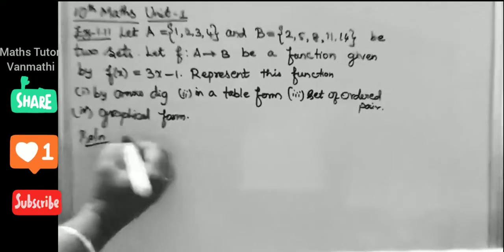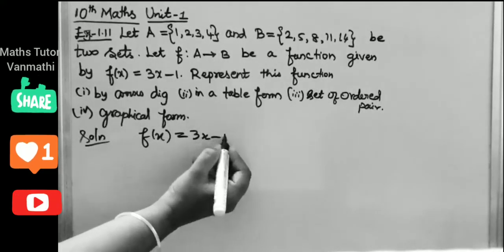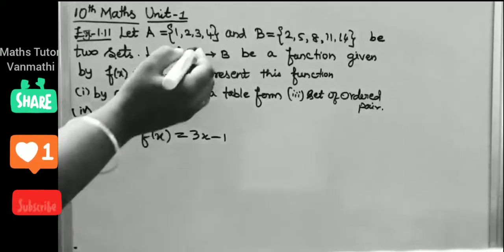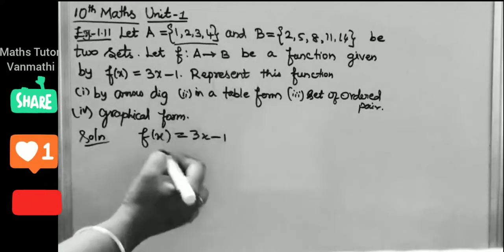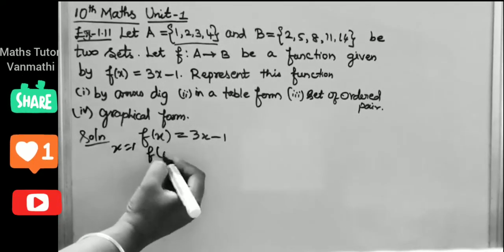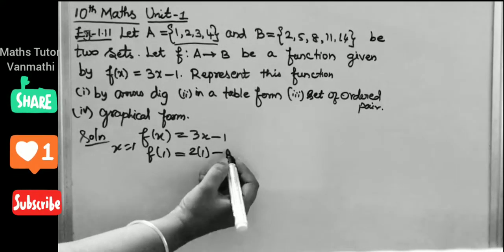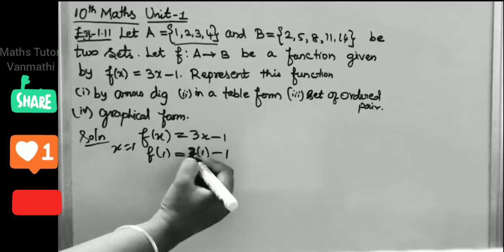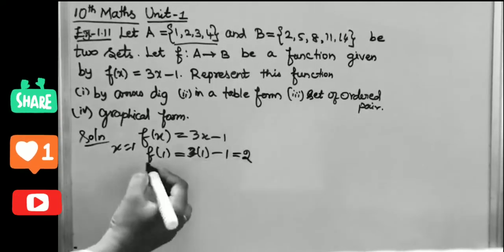First, they have given one condition, f of x equal to 3x minus 1. We substitute the values of A, that is 1, 2, 3, 4, in place of x. Taking x equal to 1, f of 1 equals 3 into 1, 3 ones are 3, 3 minus 1 is 2.